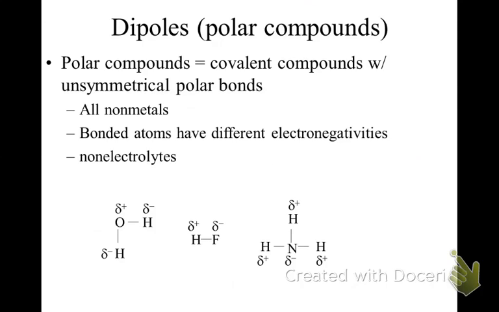So in an oxygen-hydrogen bond, oxygen is more electronegative and therefore partially negative, while hydrogen is less electronegative and partially positive. Shown above are the partial positives and partial negatives for the atoms in several polar compounds.